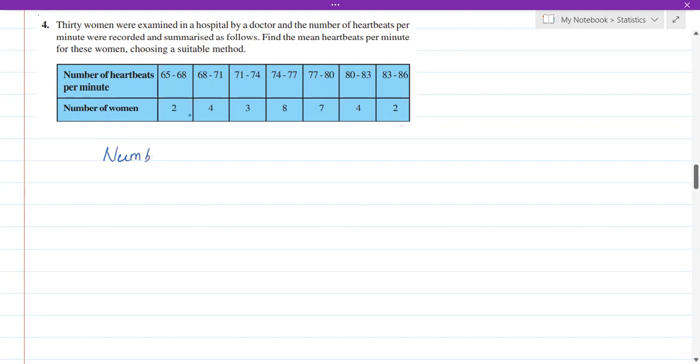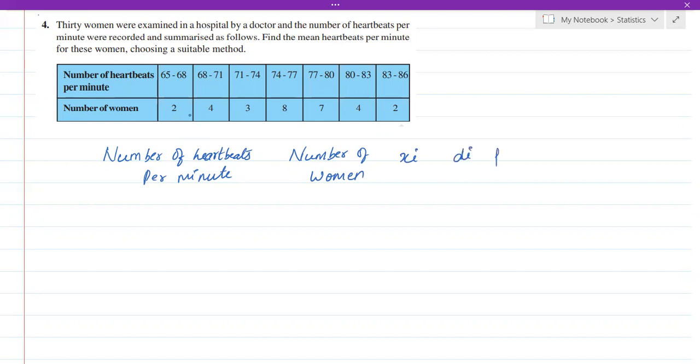Number of heartbeats per minute, and the number of women, and obviously we need xi, and in the assumed mean method we have di, then fi di, isn't it?